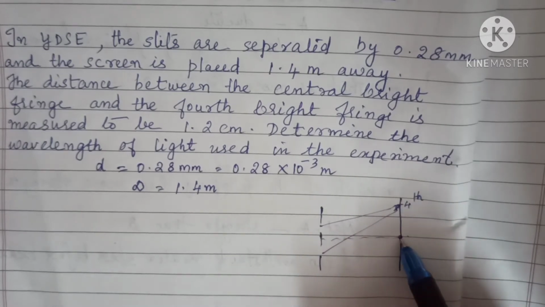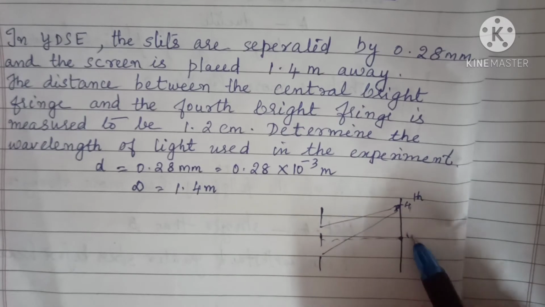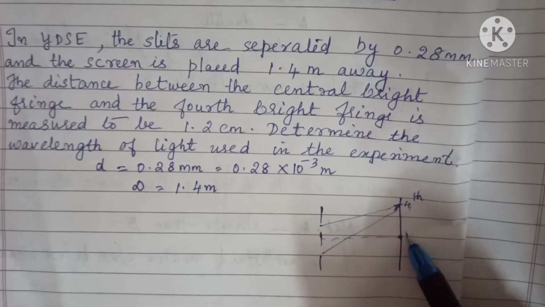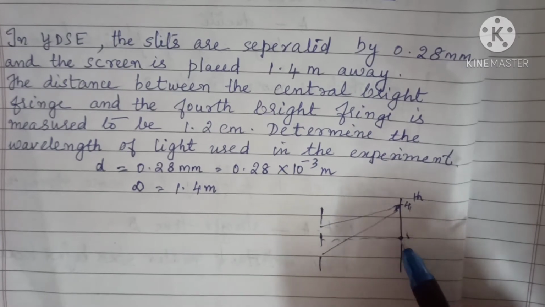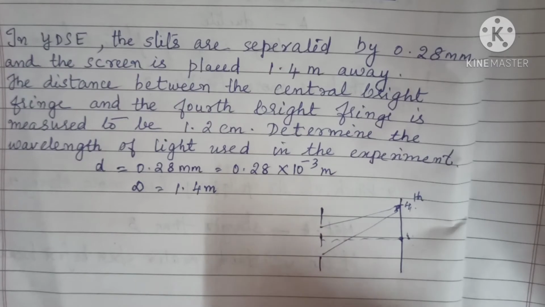As you know, this center will be a bright band, isn't it? So from the central bright fringe to the 4th bright fringe is measured to be 1.2 centimeter, isn't it?